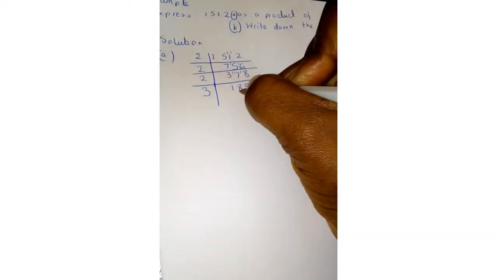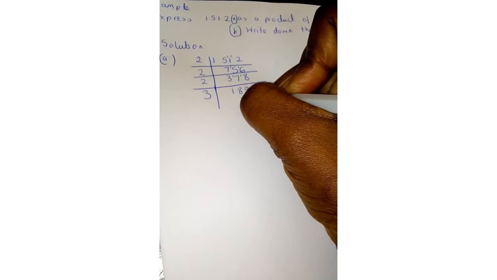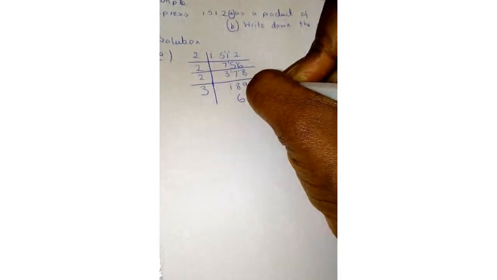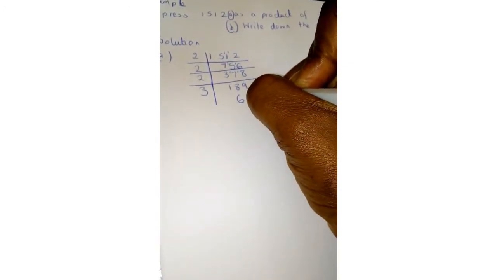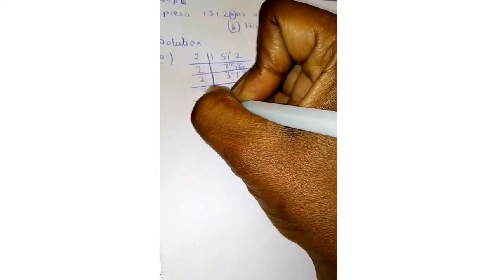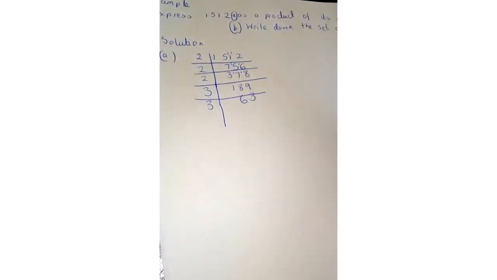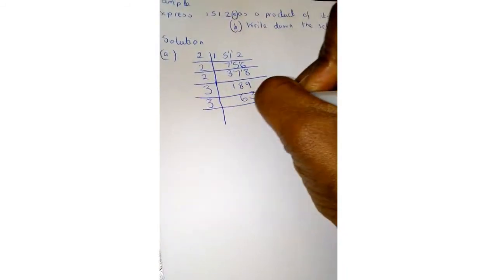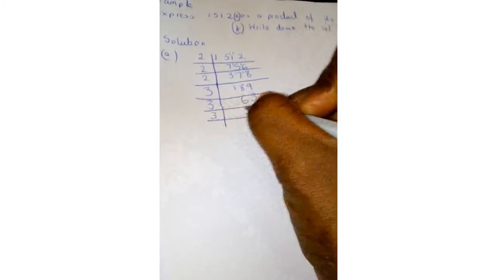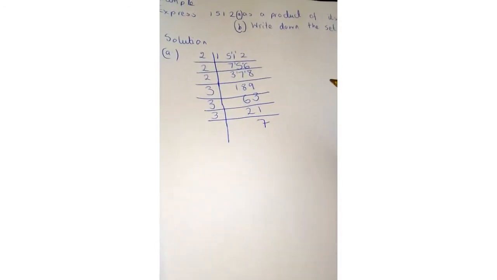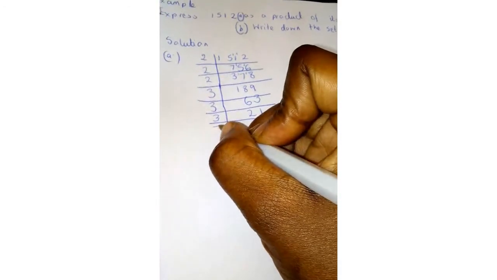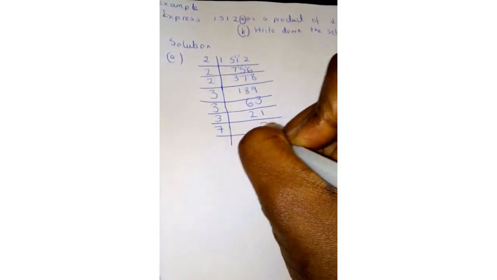3 into 18, this is 6. 3 into 9 is 3. Then next we'll try again: 3 into 63, 3 into 6 is 2. 3 into 3, it's 1. Then we'll try again: 3 into 21, it is 7. For 7, it is a prime number, so it is just 7, then 1.